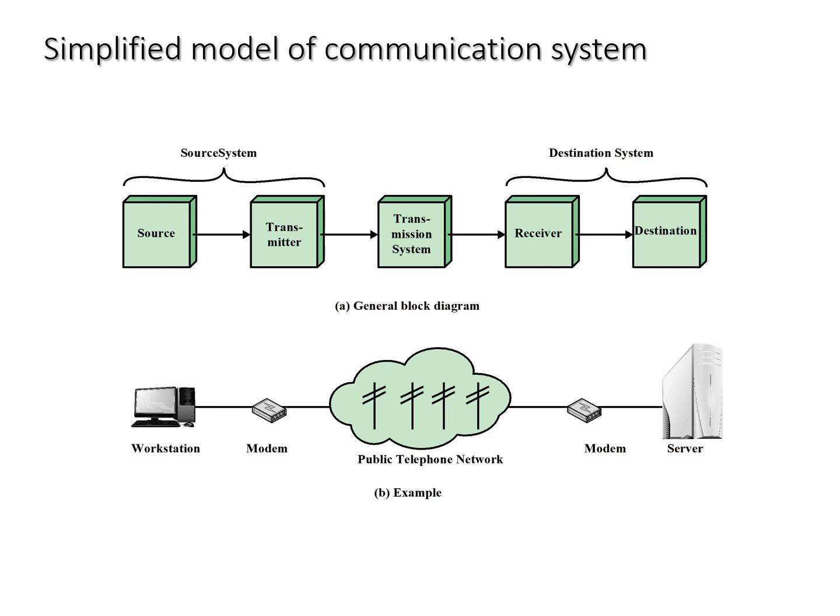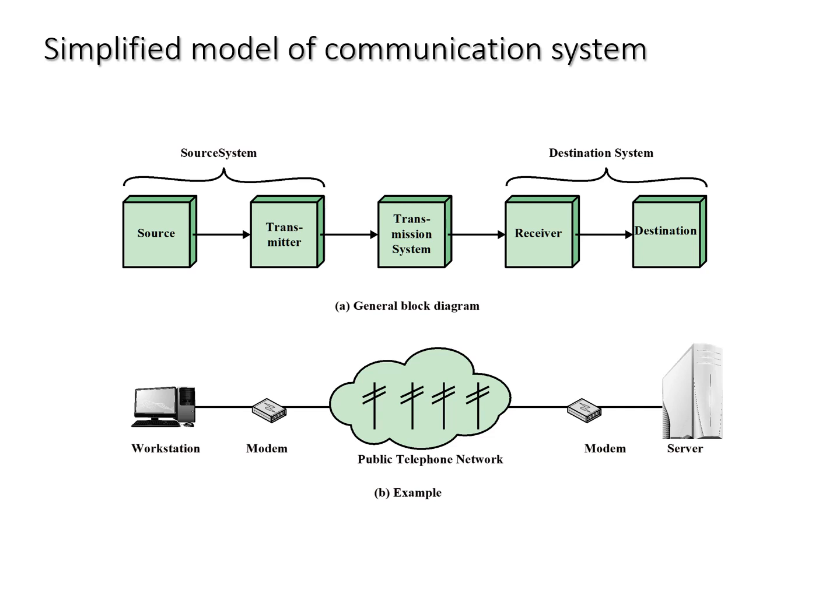A simple communications model is represented by the figure. The purpose of a communication system is the exchange of data between two parties. The source is a device that generates the data to be transmitted. Your computer is an example of a source.